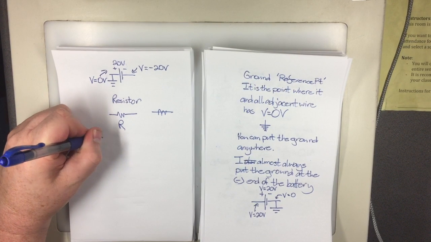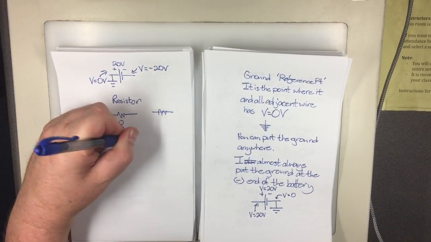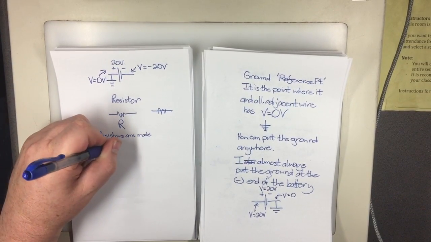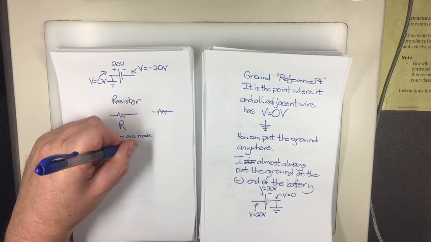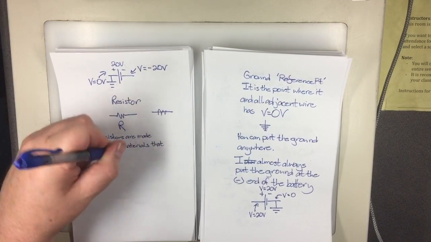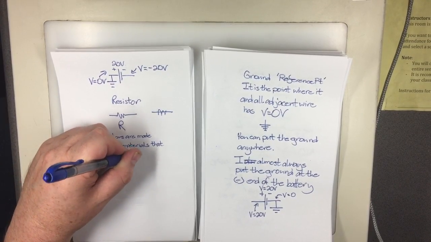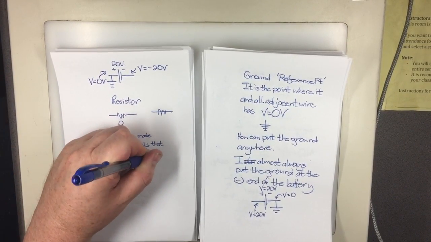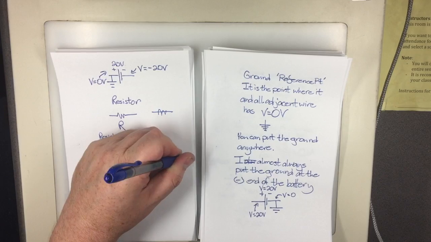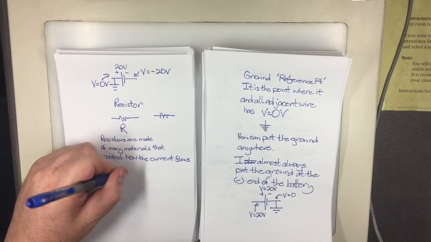Resistors are made of many materials that control how the current flows. High resistivity.